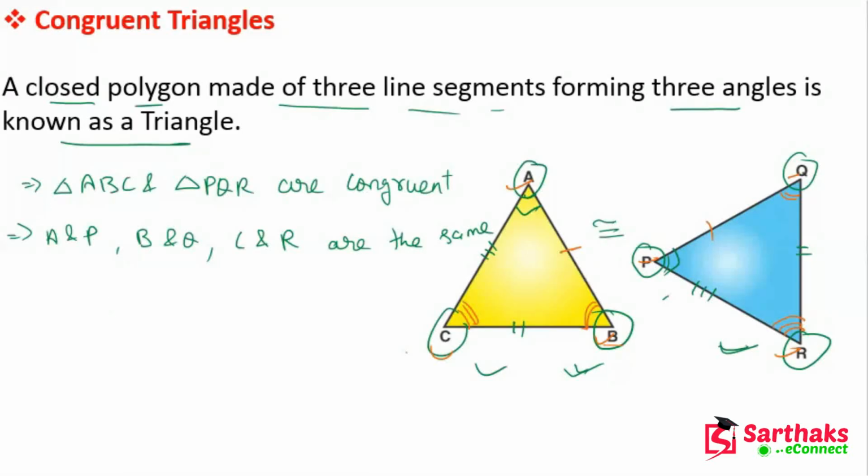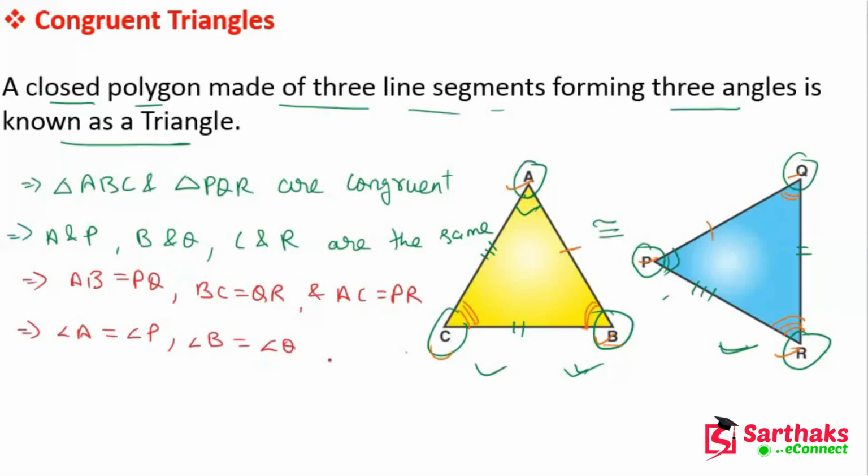And here AB is equal to PQ side, BC is equal to QR, and AC is equal to PR. And if you talk about the angles, angle A is equal to angle P, angle B is equal to angle Q, and angle C is equal to angle R.